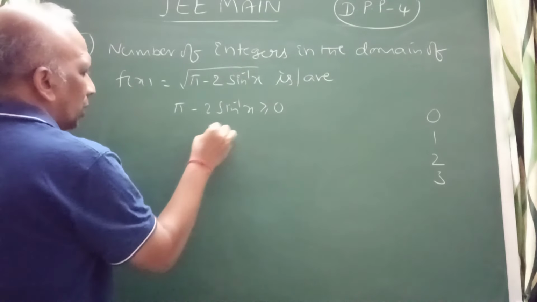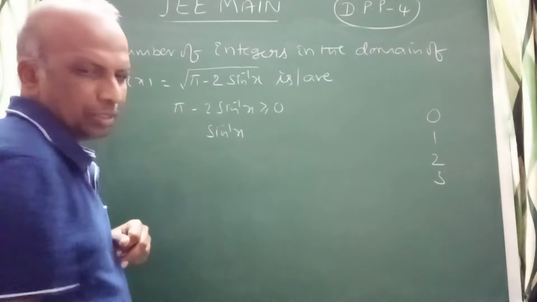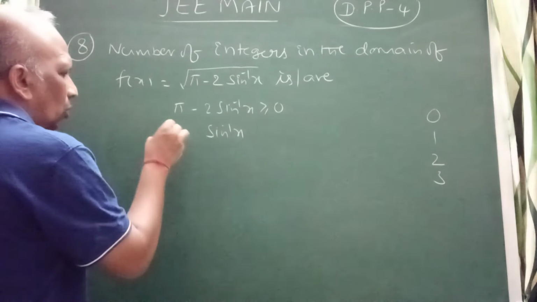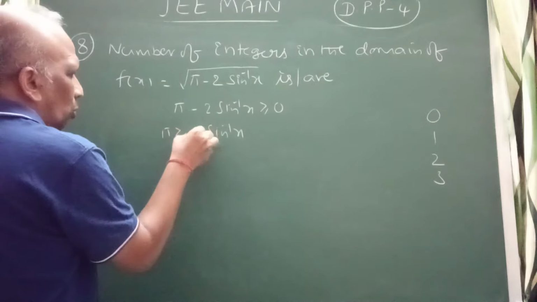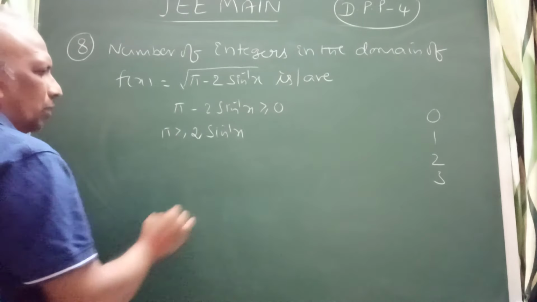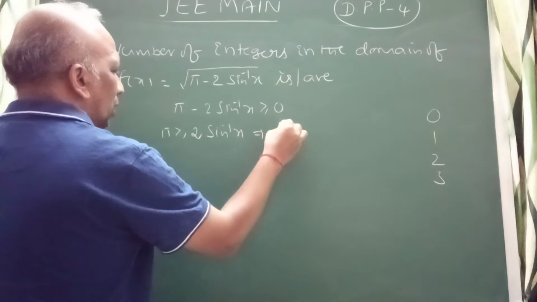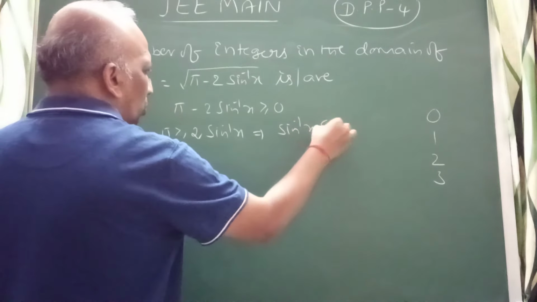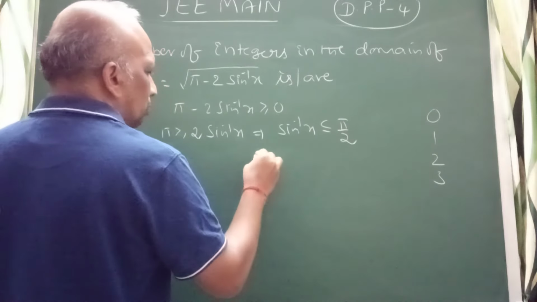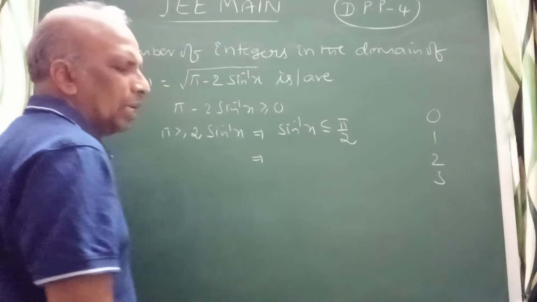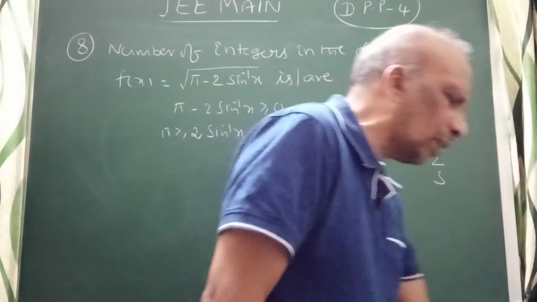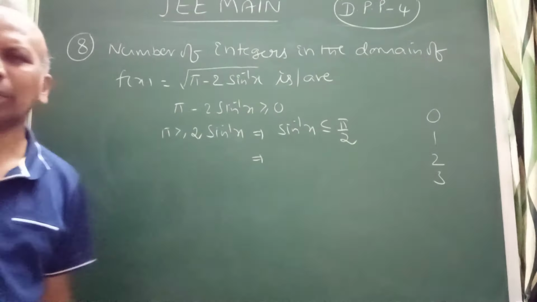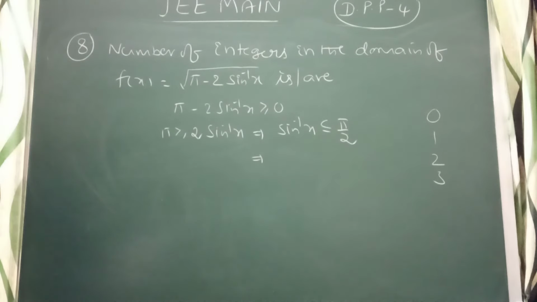So we can write pi greater than or equal to 2 sine inverse x, and also sine inverse x greater than or equal to minus pi by 2. Then I can mention here sine inverse x less than or equal to pi by 2, right?